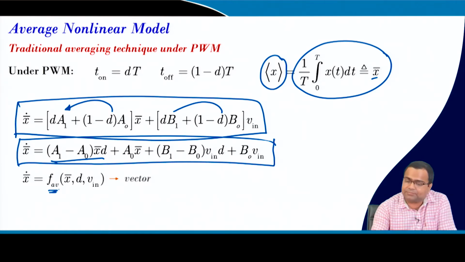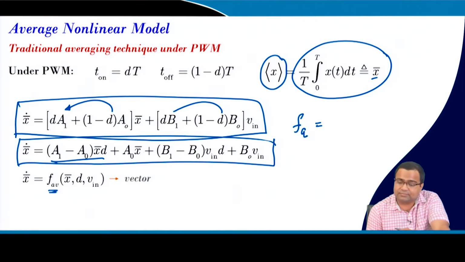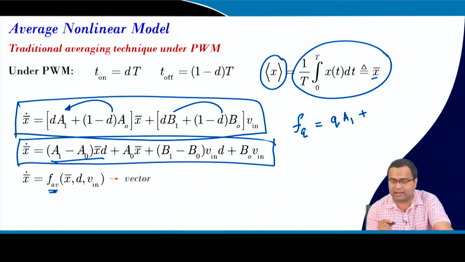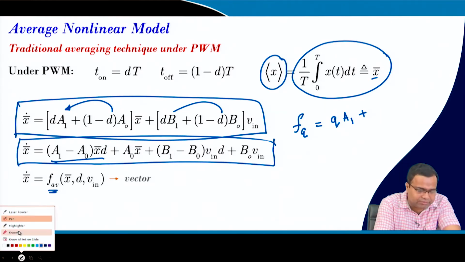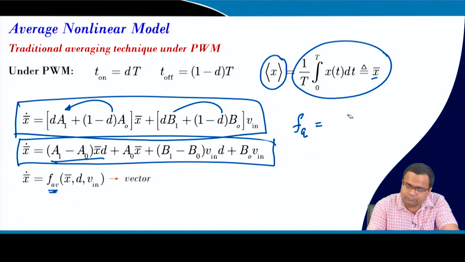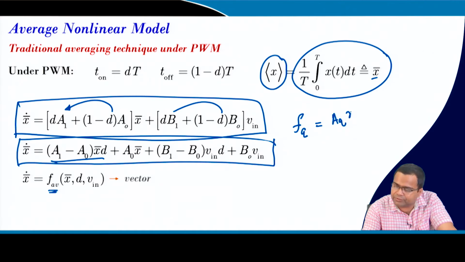Now, interestingly, if we consider f(q), which was a discontinuous vector, that means we have considered q into A1 plus, if we go back and recall our A matrix, it was nothing but A(q) into x plus B(q) into Vin.